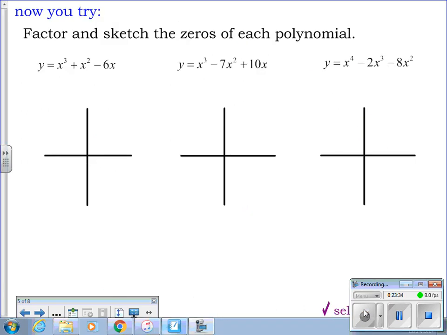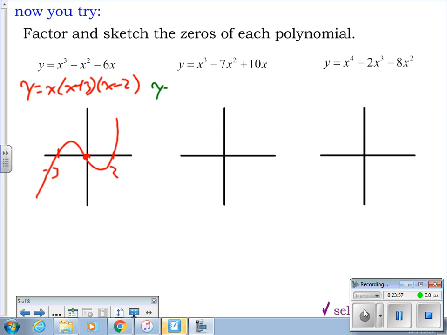Okay, let's do these. So when I factor the first one, I get y equals x times x plus 3, x minus 2 for my factors. So I have zeros at negative 3, 0, and 2. Comes up, goes down, goes up.